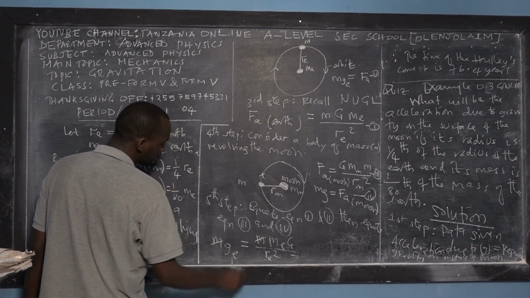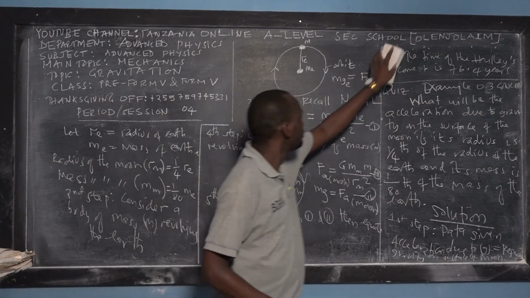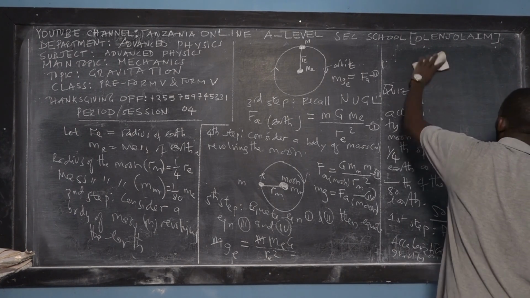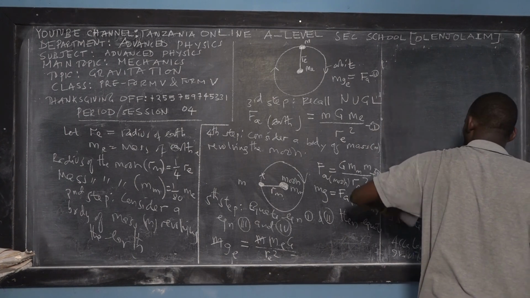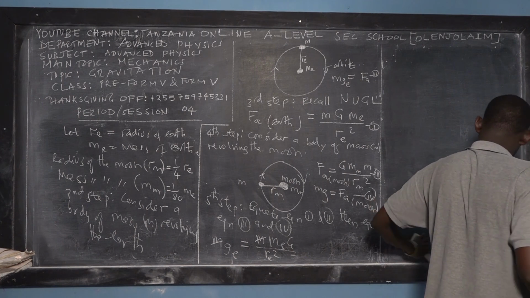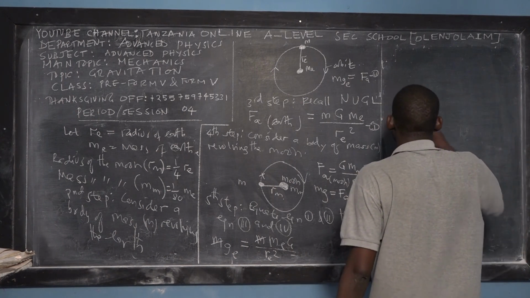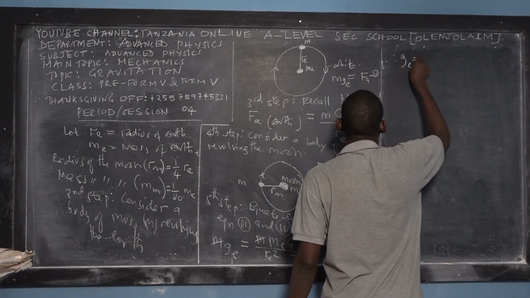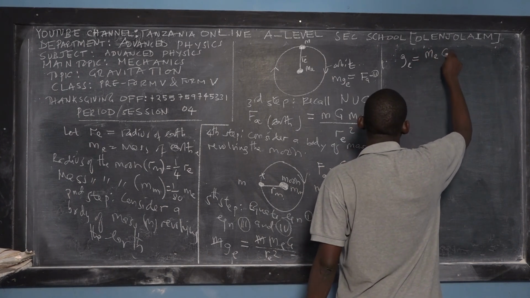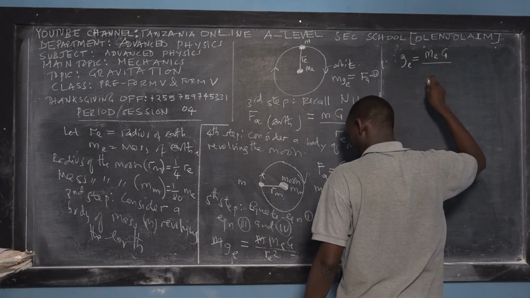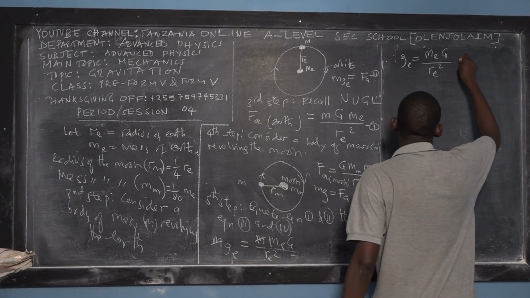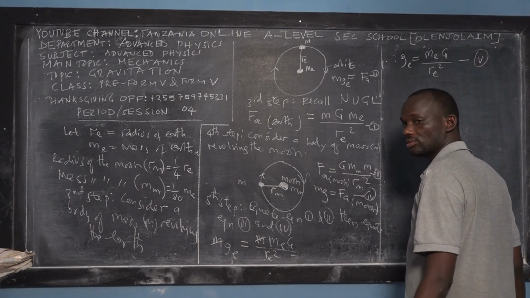So mass and mass cancel. So gravity on the Earth is equal to the mass of the Earth times the gravitational constant G over the radius of the Earth squared. So this is equation 5, right?